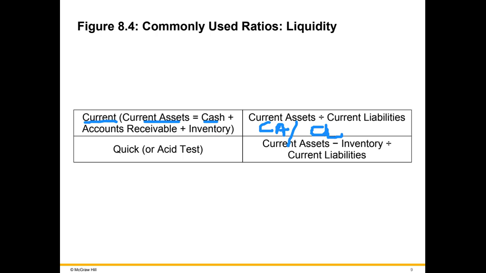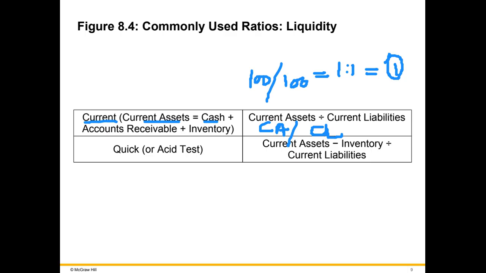Okay, so if say there is 100 million in current assets and we have current liabilities equal to 100 million, that is going to give us a ratio of 1. It is 1 to 1, which in some businesses is fine.